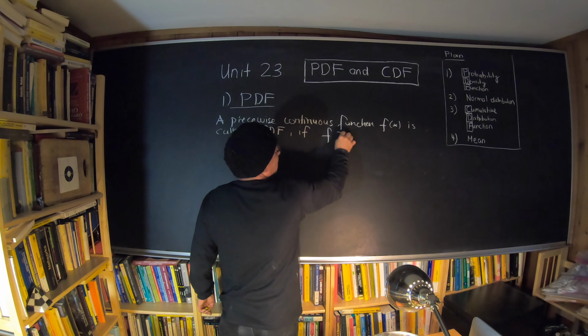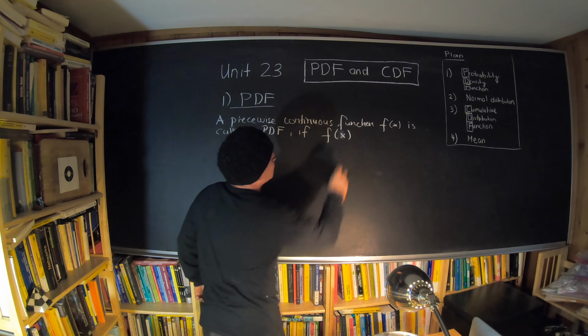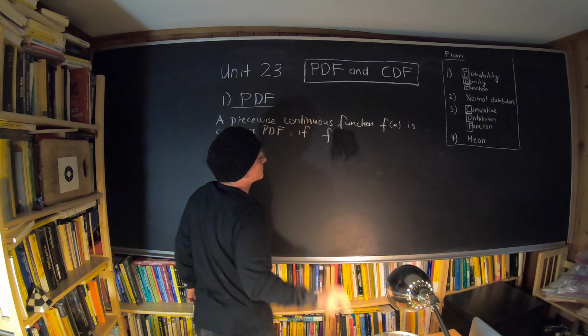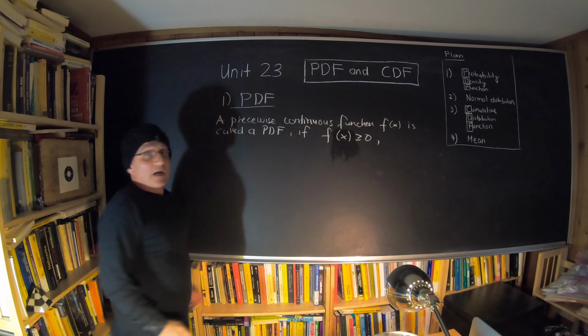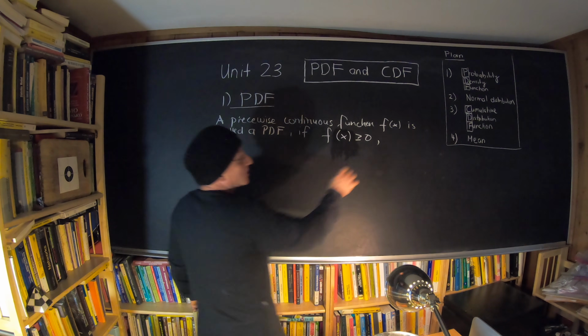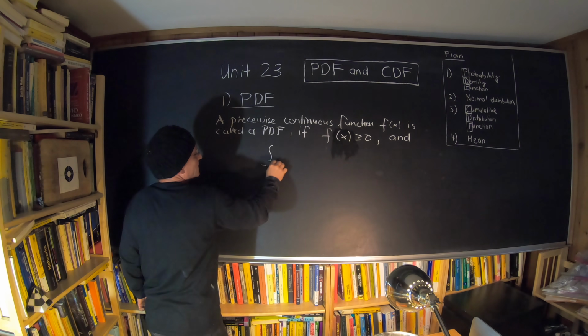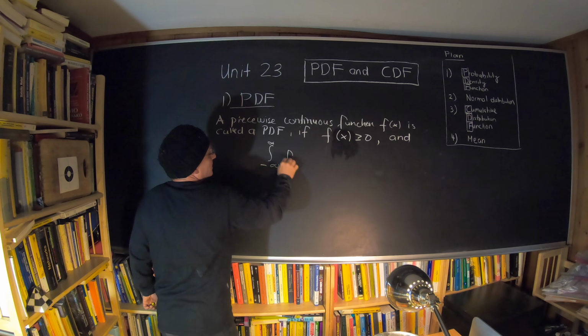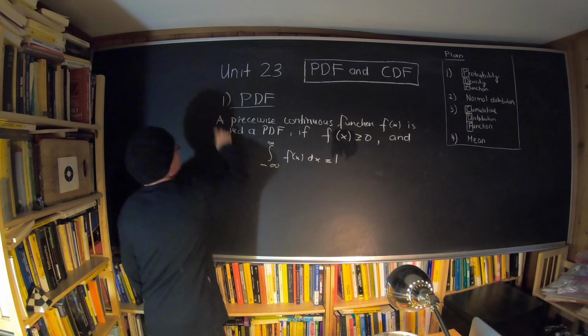First of all, we want f of x to be bigger or equal to 0. And then we want the integral to be 1. The integral from minus infinity to infinity, f of x dx is equal to 1.